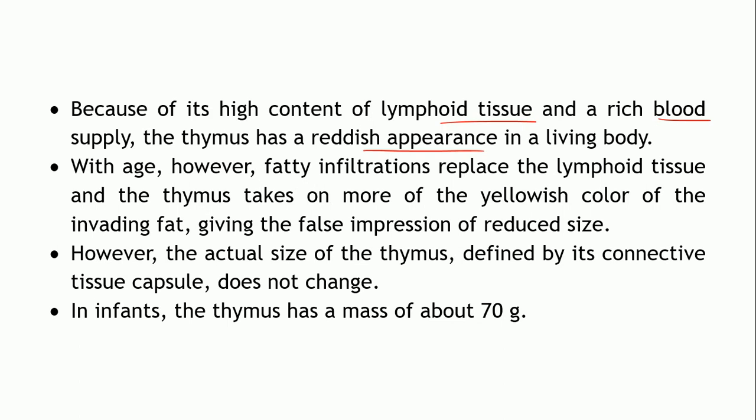But slowly what will happen? In the infants it is roundabout 70 grams, but what is happening in the gland? What did I tell you? Yes, slowly the T cells are leaving the gland and the lymphoid tissue is replaced by the fatty infiltrations.